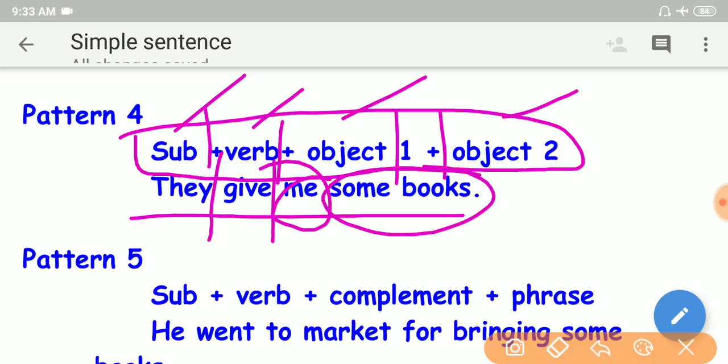So you can ask, how can we find out whether it is an object or not?